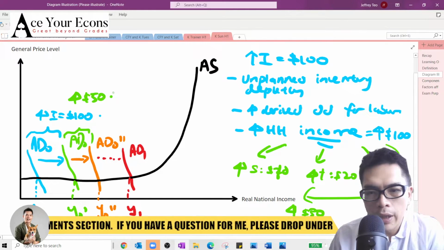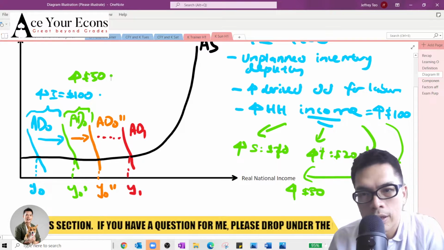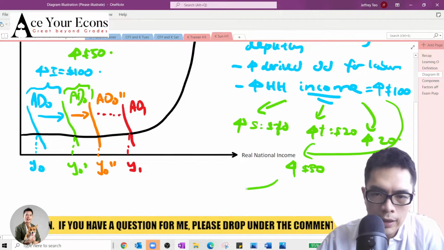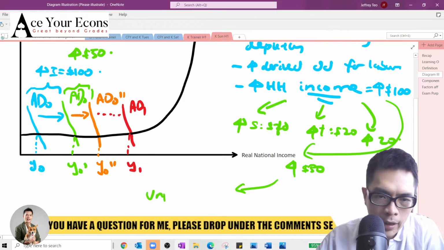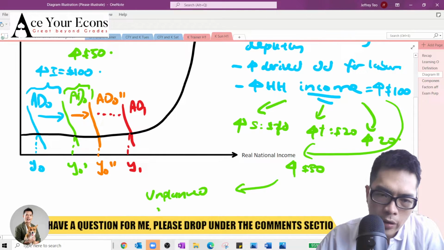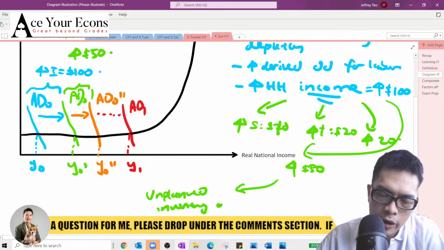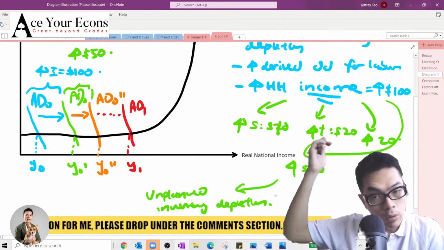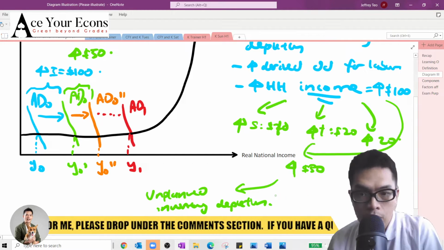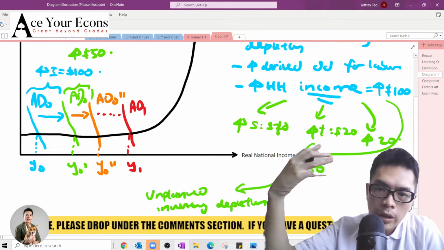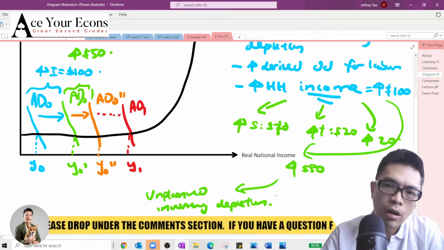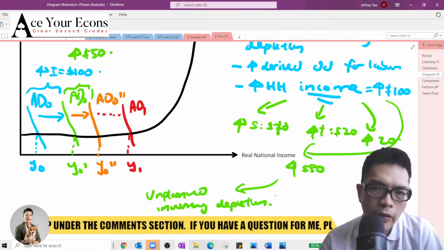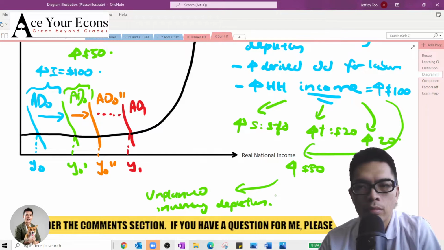So you see that when there's an increase in induced consumption of $50, this will trigger a secondary round of unplanned inventory depletion, right? Because there's higher household spending of $50. And this will result in another round of higher derived demand for labor, and another round of higher household income.